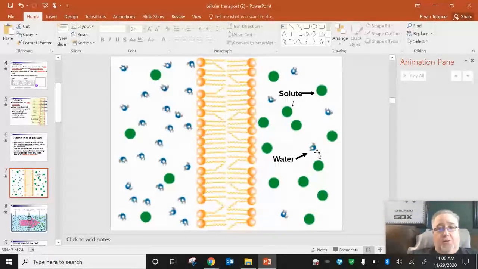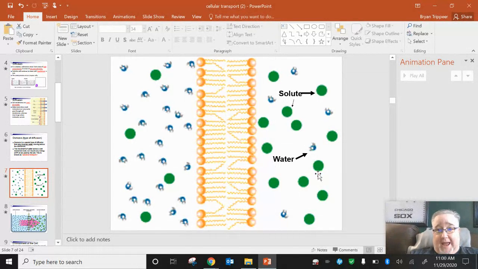Now, I just told you that in osmosis, water moves from areas of high concentration to areas of low concentration. So look at both sides of this membrane. You'll notice on the left-hand side, there is a lot of water, right? So this is fairly highly concentrated.